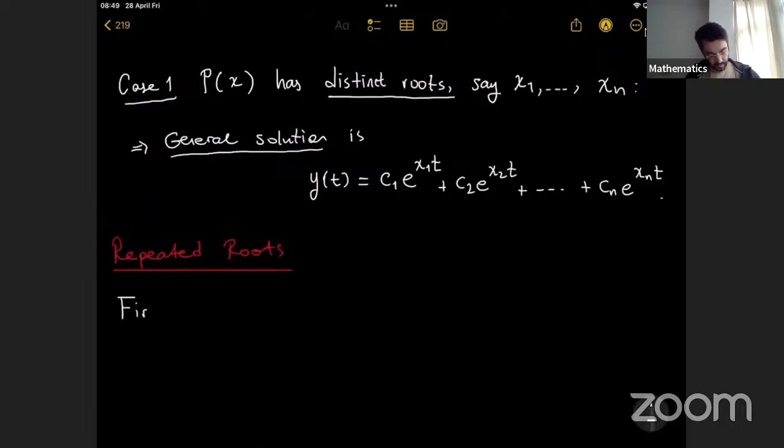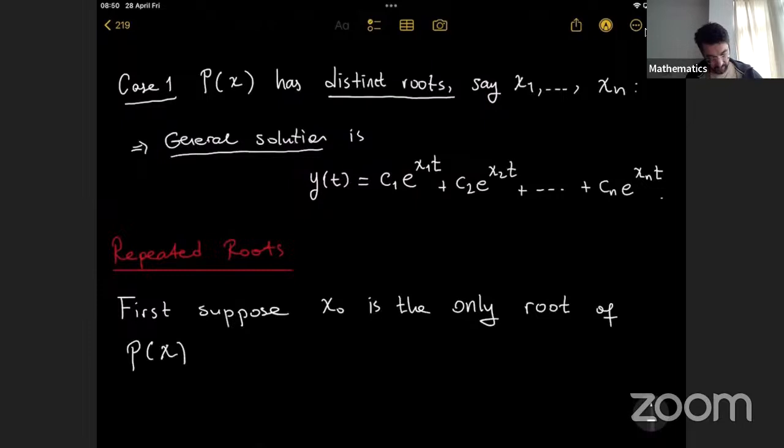First, suppose that we have a repeated root, lambda 0 is the only root of P(lambda), the characteristic polynomial, with multiplicity n. And that means it repeats n times.